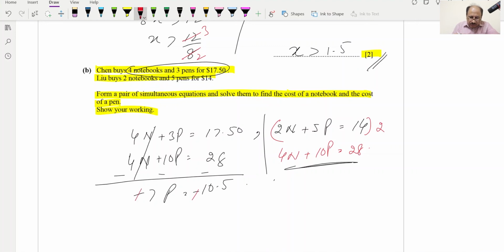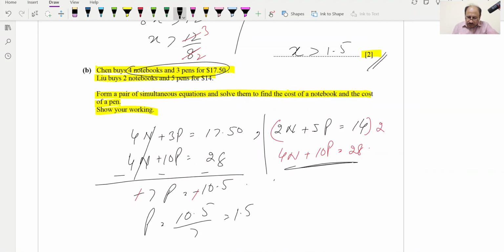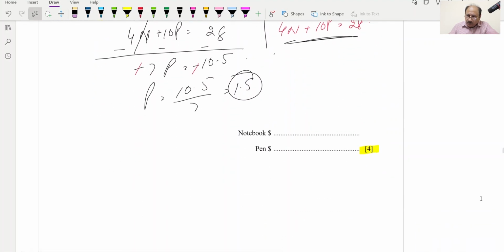Minus minus we can cancel from both sides, so p will be equal to 10.5 over 7, and 10.5 divided by 7 will give us 1.5. So our p value will be 1.5. We can provide the p value over here, 1.5.